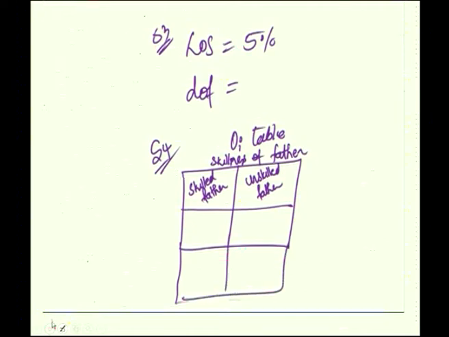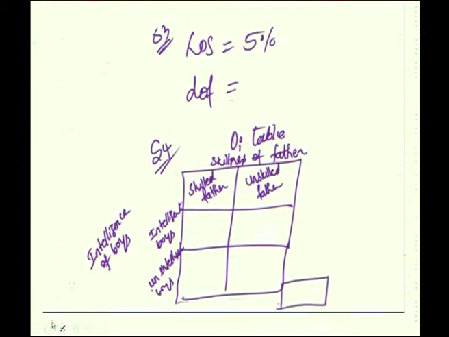And here the row heading is intelligence of boys, meaning intelligent boys and unintelligent boys. These values have to be written, therefore this is framed here. Now, the grand total, the total number of boys, is 200.